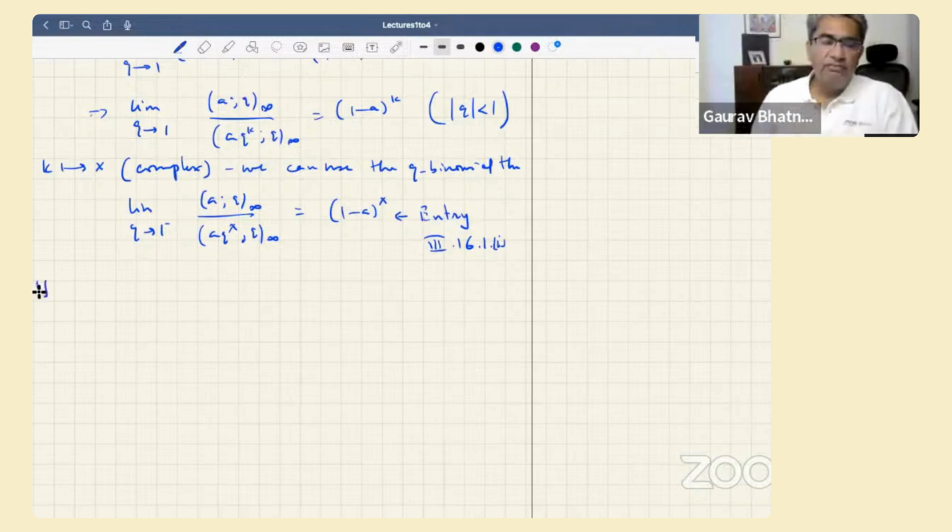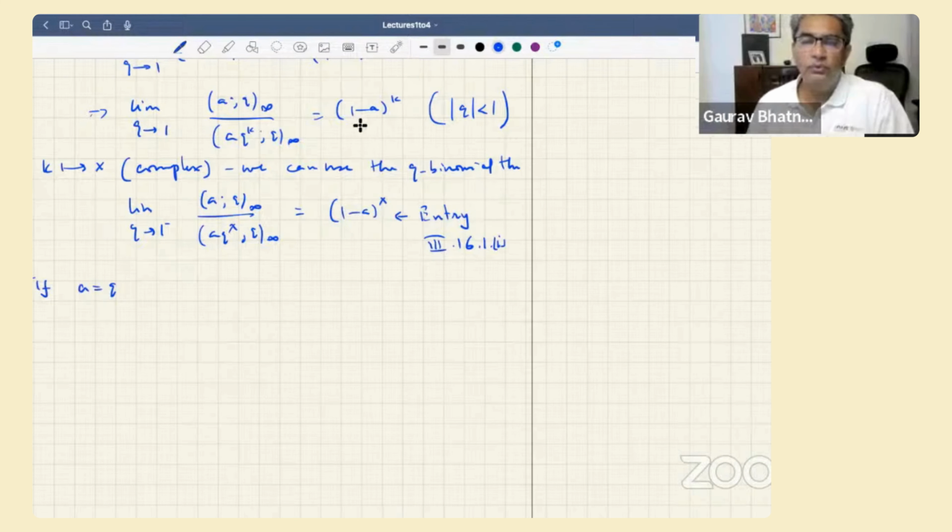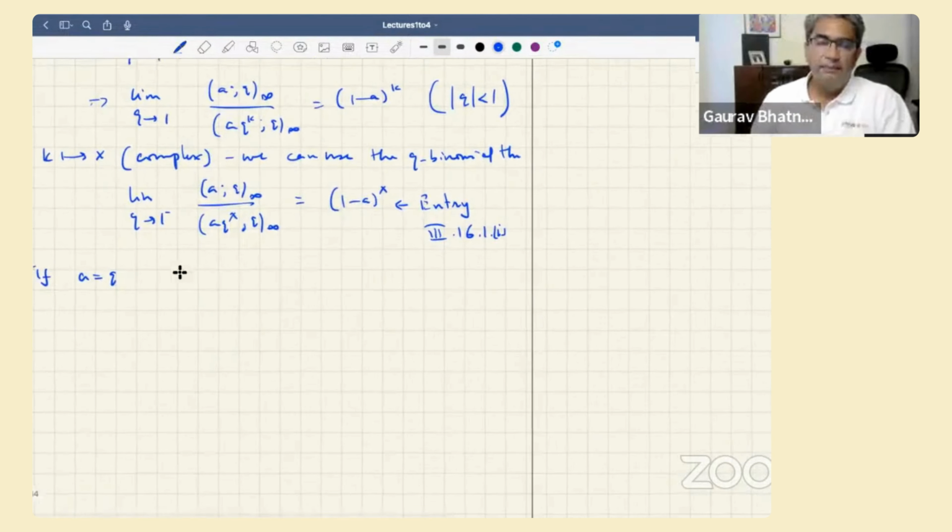So if A is equal to Q, there is a problem in taking this limit. When A is equal to Q, you can't take this limit, because as Q goes to 1, this becomes 0 raised to the first. So this doesn't work. So when A is equal to Q, we formally divide.